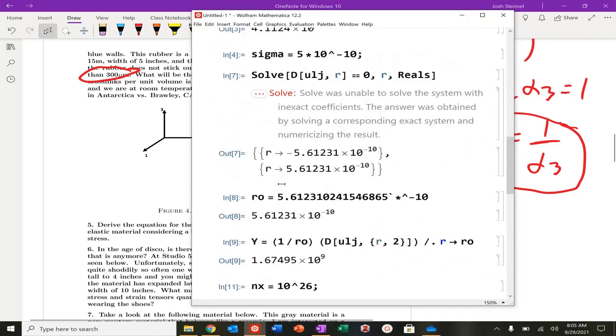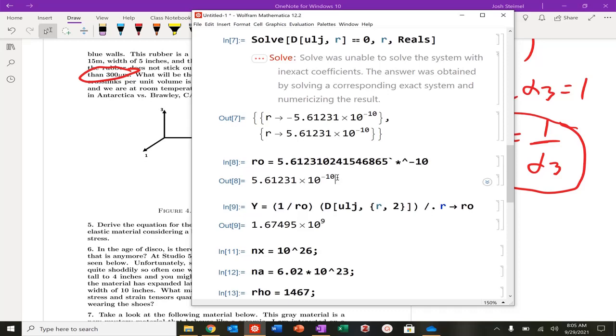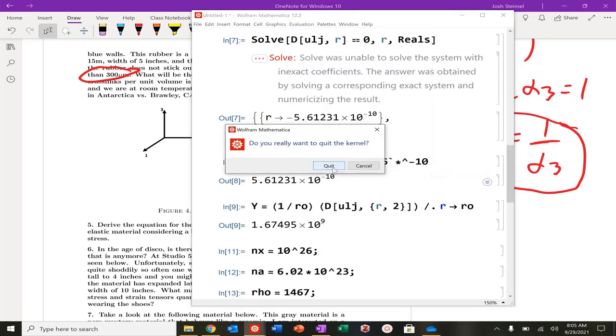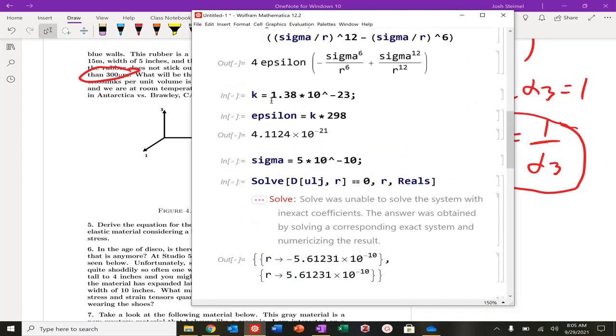I'm going to quit the kernel, and then start to plug in values again. But I want to keep my k, 3 times 10.